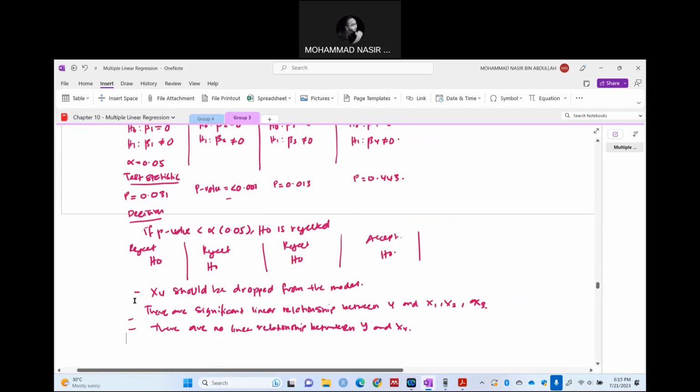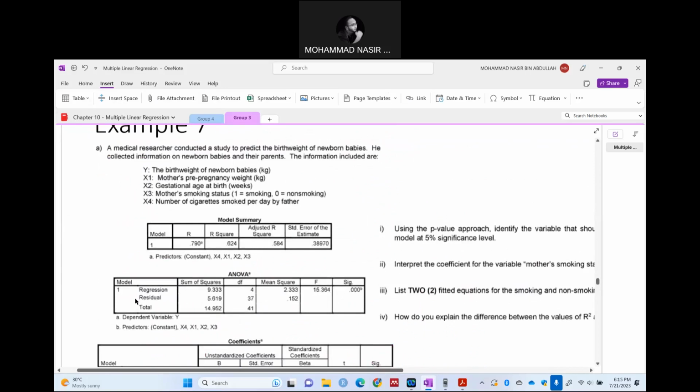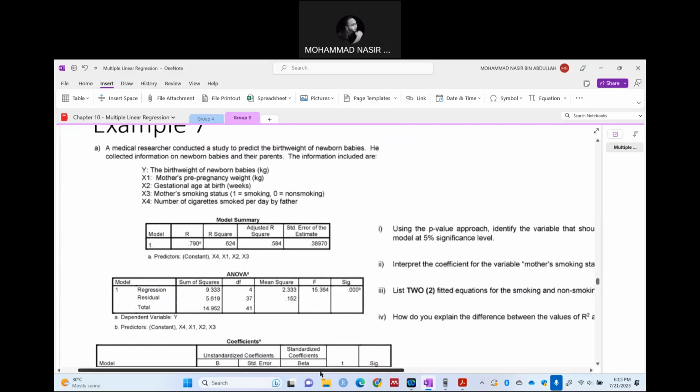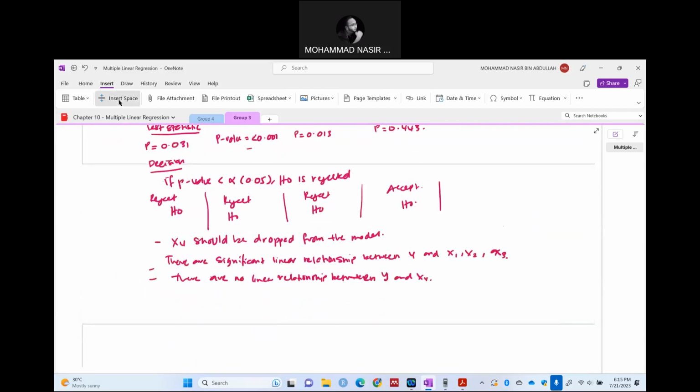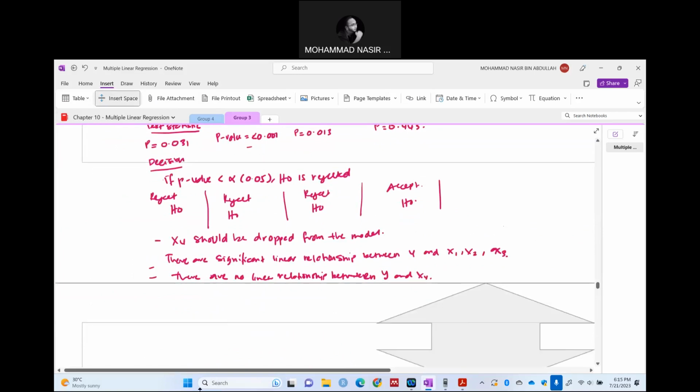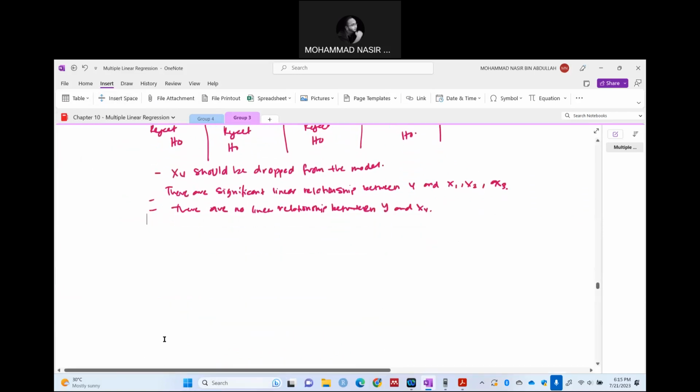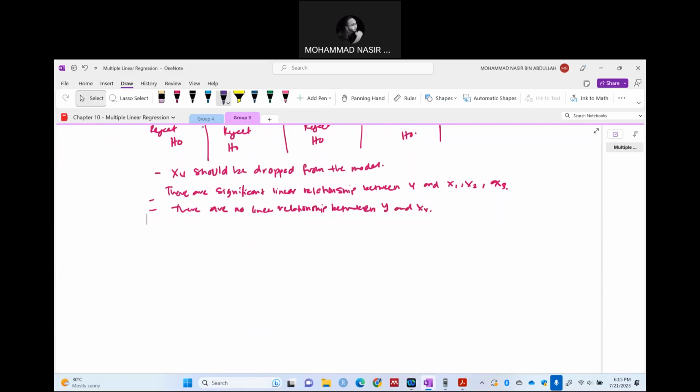So second question is, interpret the coefficient for variable mother smoking status. So mother smoking status is beta 3, right? X3 is mother smoking status.